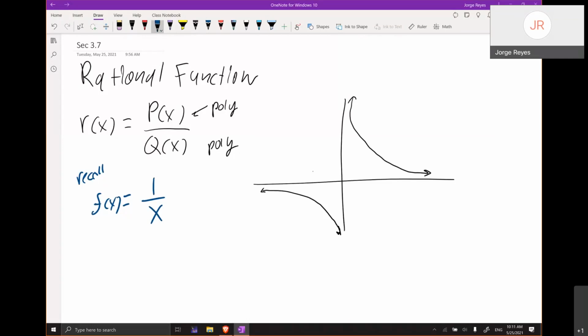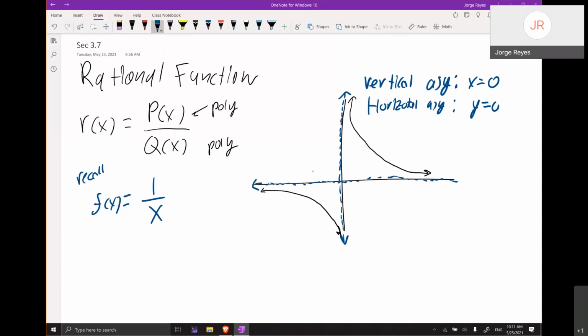When I introduced it, I always drew these lines: this vertical line, which we called a vertical asymptote, at x equals 0. And I also drew another horizontal line right here, and we called this one a horizontal asymptote at y equals 0.